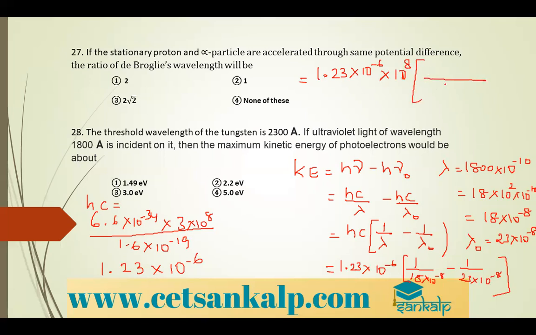Below, 18 into 23, so 23 minus 18. So 1.23 into 10 to the power 2.